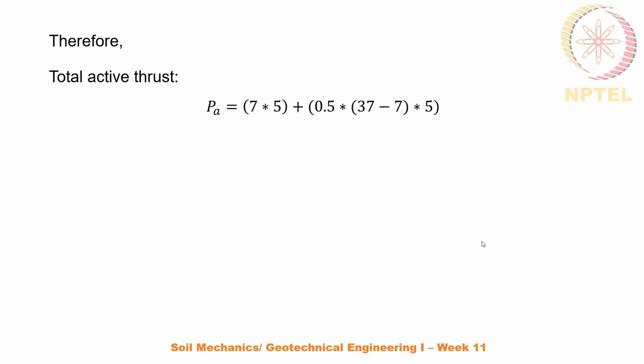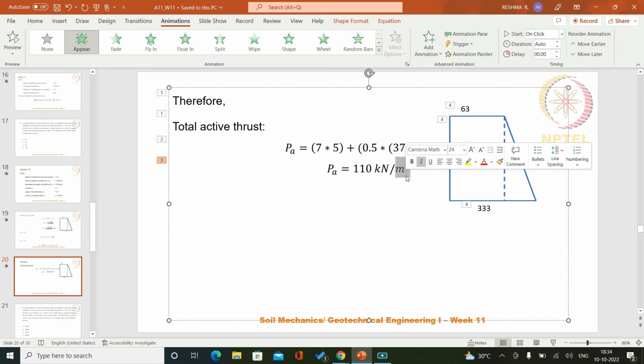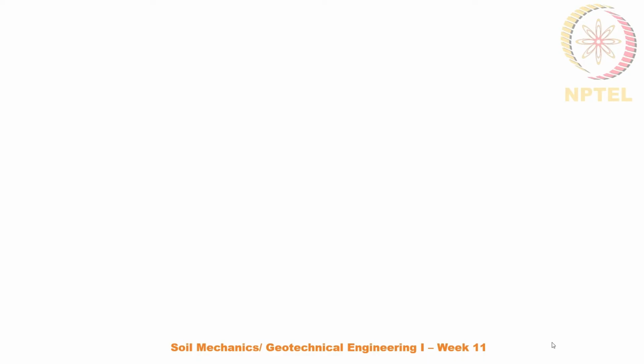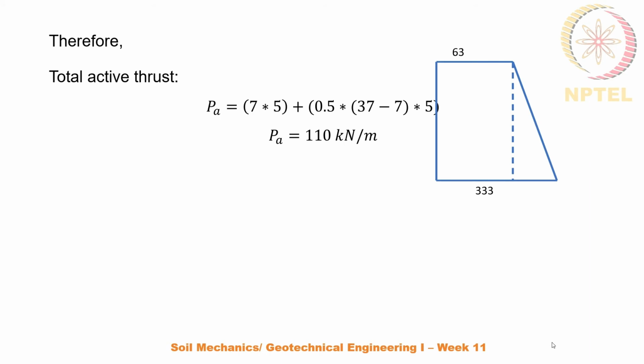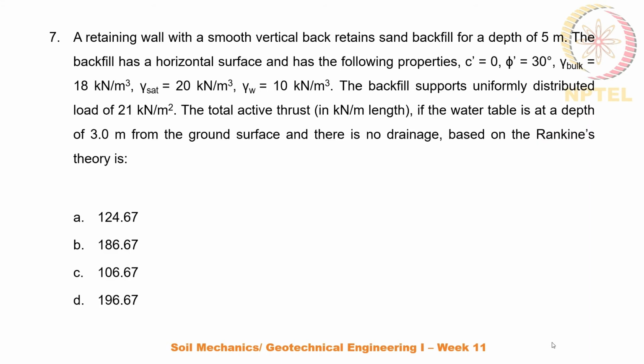That is the area of the rectangle plus the area of the triangle, which will give us a value equal to 110 kilonewton per meter. Sorry, the unit is per meter. So we have 110 kilonewton per meter. Now we have the next question.